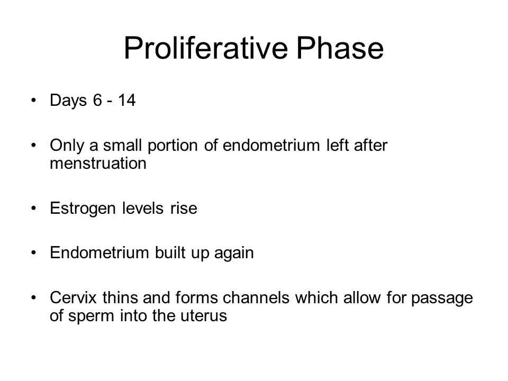On days 6 to 14, only a small part of the endometrium is left after menstruation. Estrogen levels are going to start to increase, and what we see is the endometrium starts to build up again. The cervix is going to thin, and you tend to have little channels that will allow the sperm to pass into the uterus.